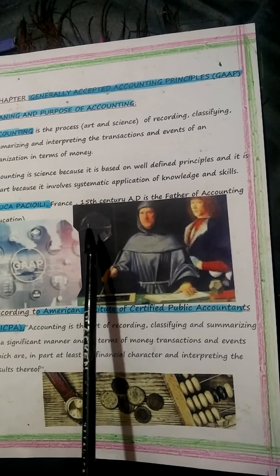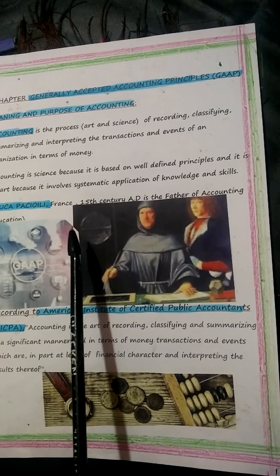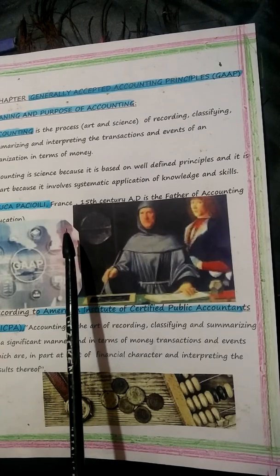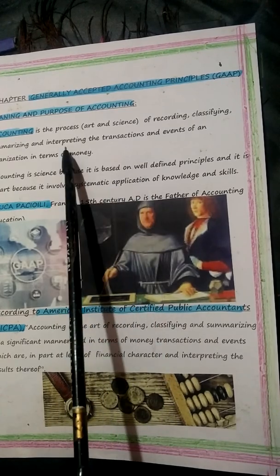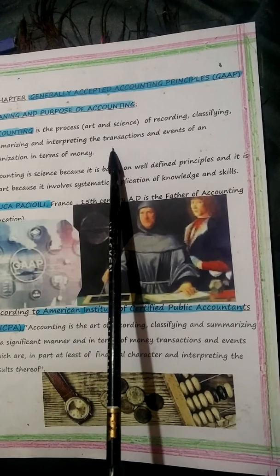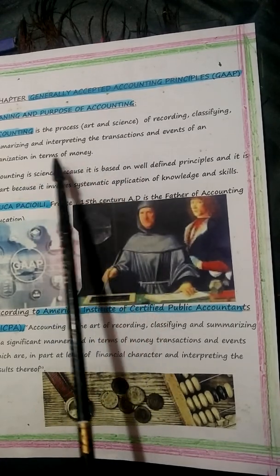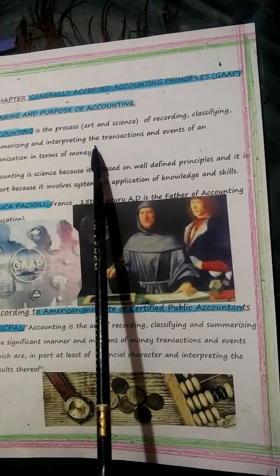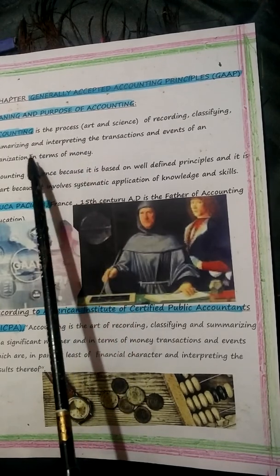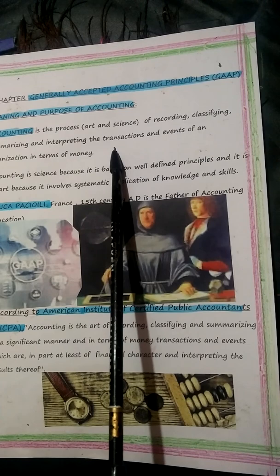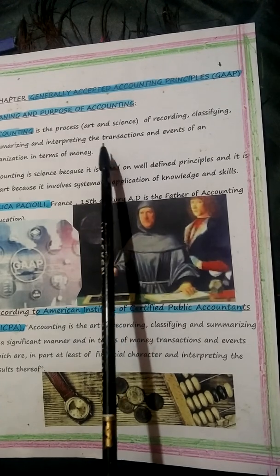So accounting is very important for you, for everybody, children. You must know this. So accounting is a process of recording, classifying, summarizing, interpreting of monetary transactions and events of an organization in terms of money. So any transaction which ends with money has got accounting value. So it is a process of recording financial transactions pertaining to business.